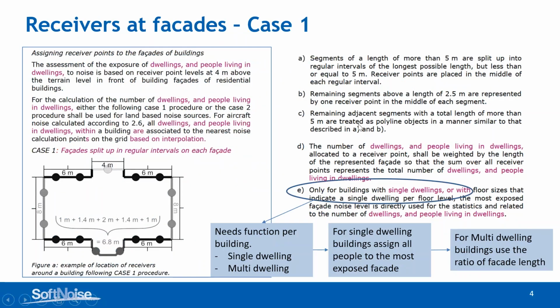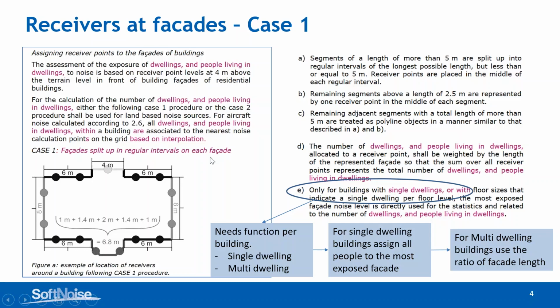So we go into the first part of the CNOSSOS method, how to create receivers at the facades. The CNOSSOS method defines two cases, case 1 and case 2. This is case 1, where facades are split up in regular intervals. You have to realize that only for buildings with single dwellings, the most exposed facade noise level is directly used for the statistics.